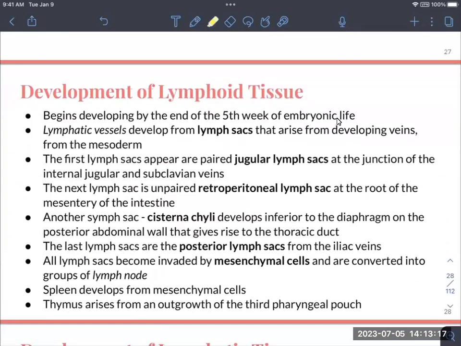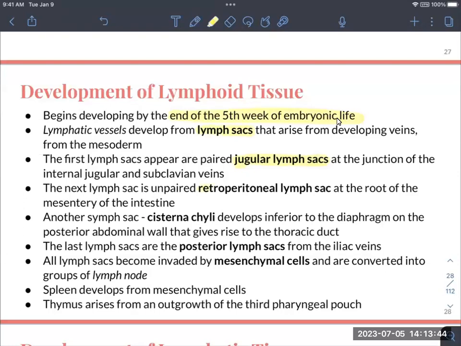So our lymphatic tissue starts developing around the end of the 5th week already of embryonic life. It starts very early. They start from what is known as lymphatic sacs. The first sacs to appear are the jugular lymphatic sacs.